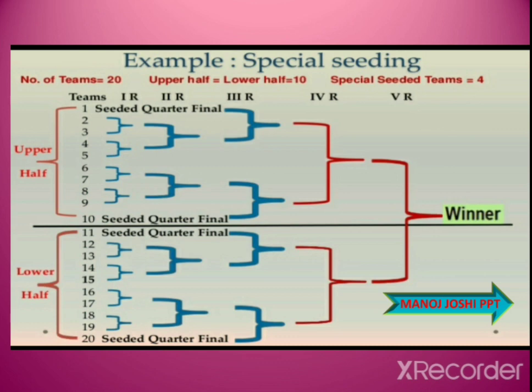Then the winner of 2 versus 3 and the winner of 4 versus 5 will play in the 9th match. The winner of the third match and the winner of the fourth match will play in the 10th match. The winner of the 5th match and the 6th match will play in the 11th match. The winner of the 7th match and the 8th match will play in the 12th match.